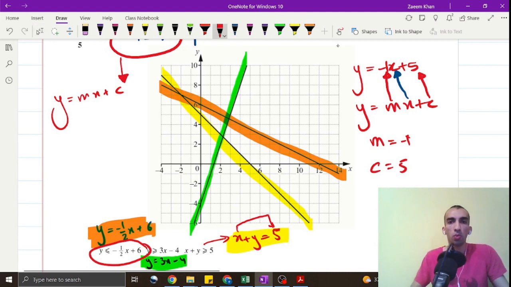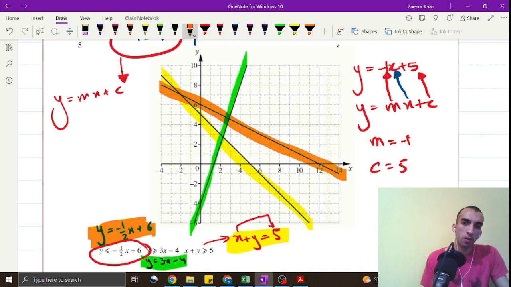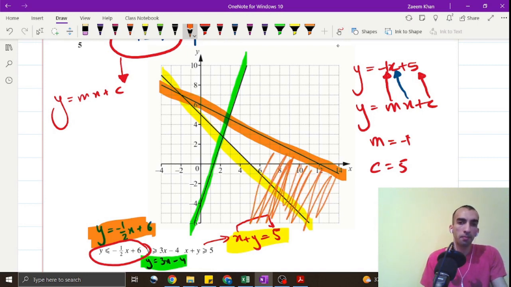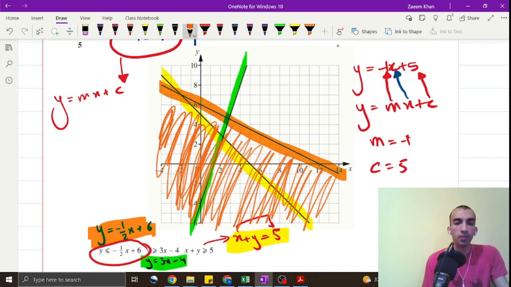Below. Here we go. That's just below the orange line.